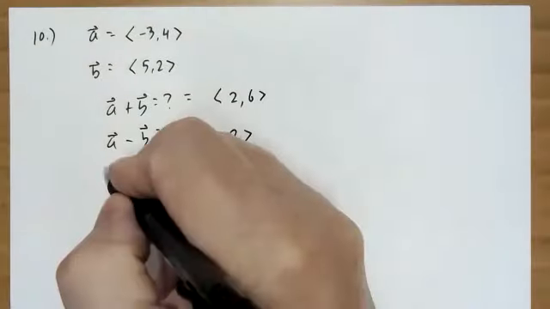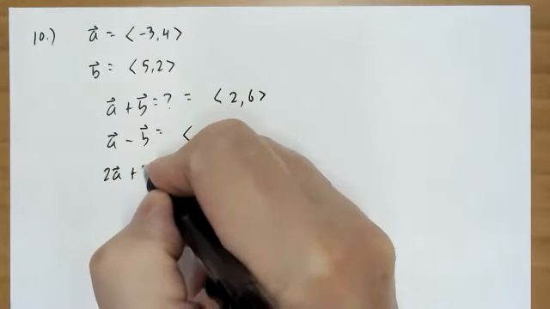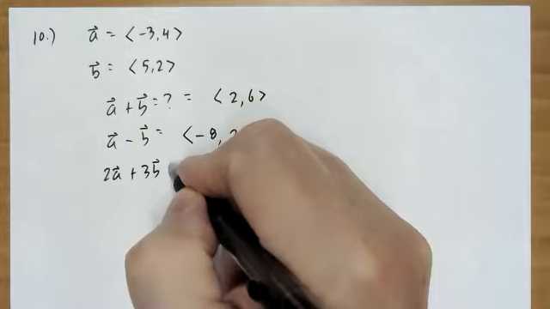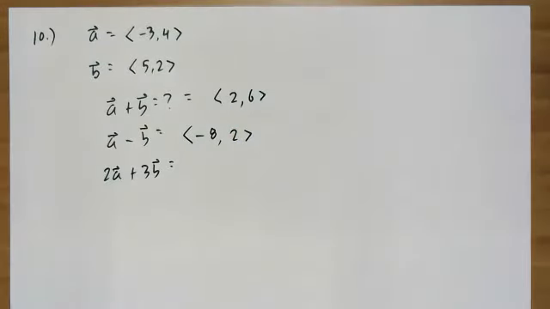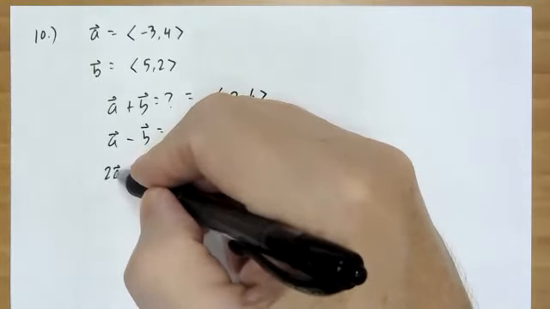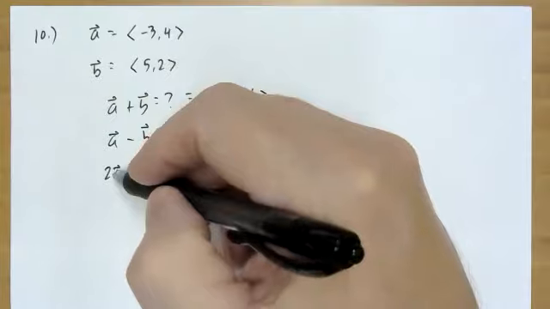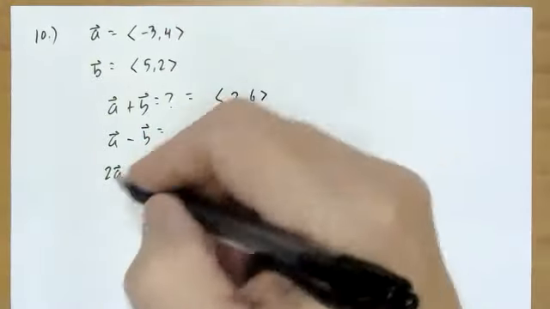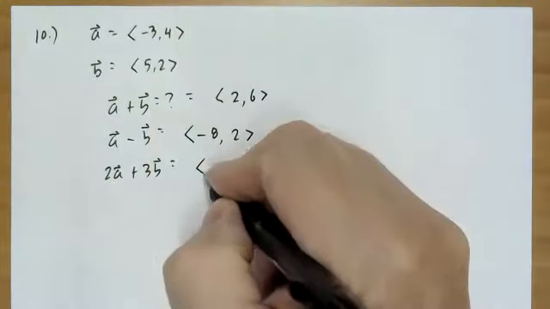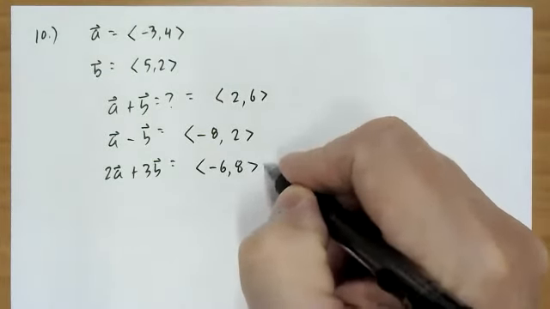Now the next one is 2 times vector A plus 3 times vector B. So what you do is, 2 times vector A means you multiply both the X and the Y part by 2. So this vector is going to now become -6, 8.